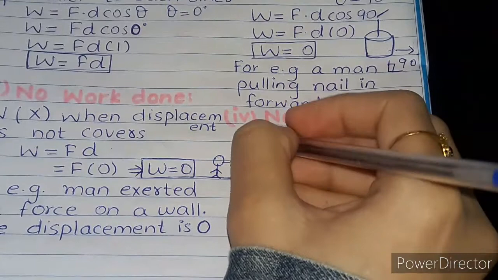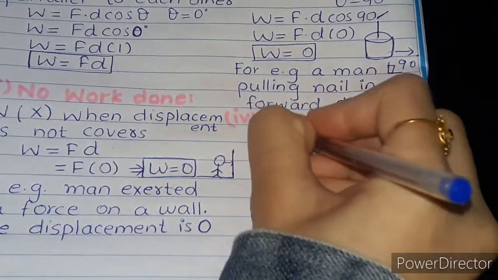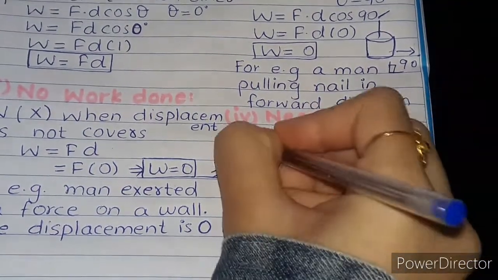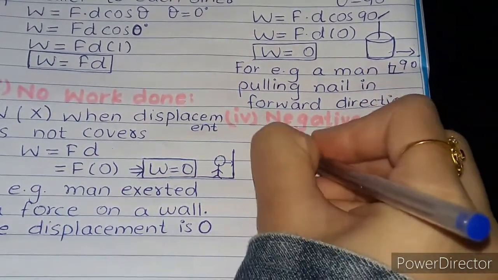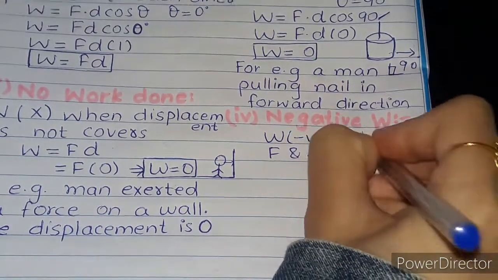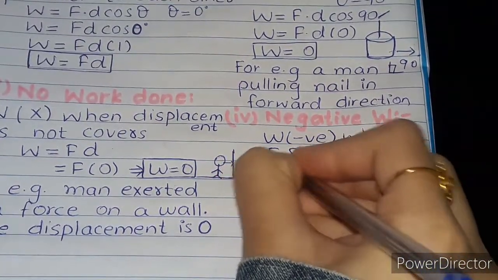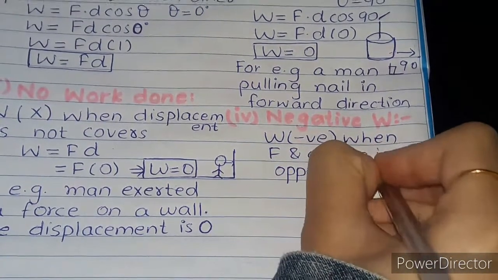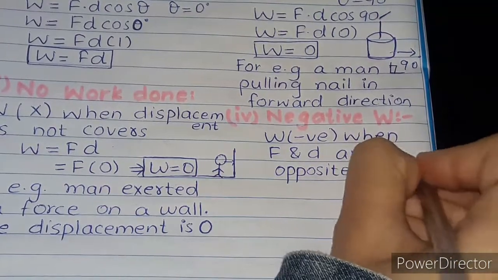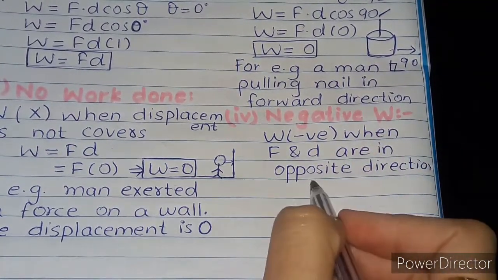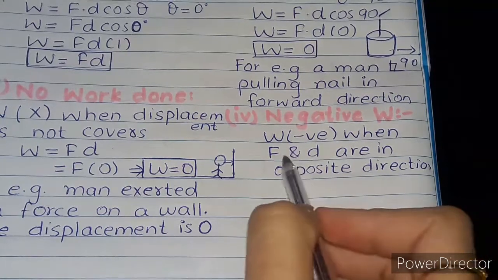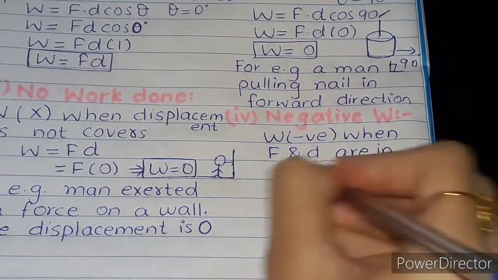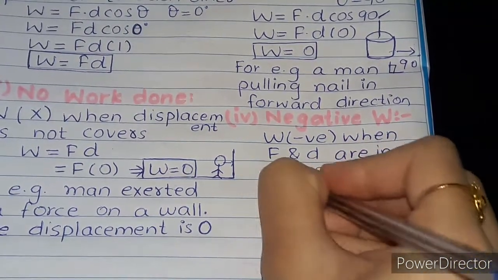Work done is negative when force and displacement are in opposite directions to each other, or we can say that they are anti-parallel to each other.